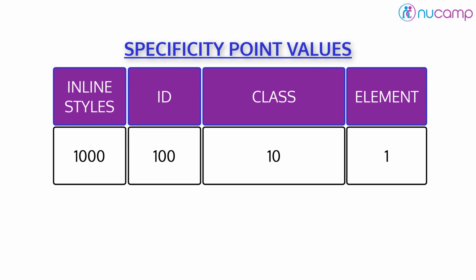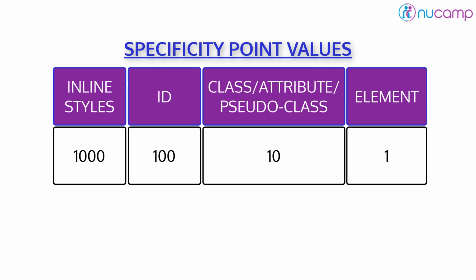In this point system, the attribute selectors and pseudo-class selectors are considered the same level of specificity as class selectors, so they are worth 10 points each. These selectors used in grouping selectors are counted individually, the same as if they were written in separate rule sets. But selectors and combinators are counted together.